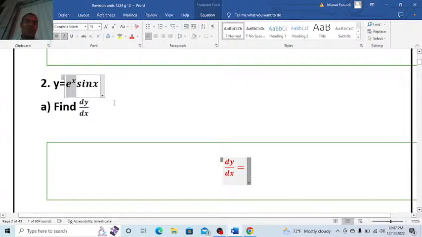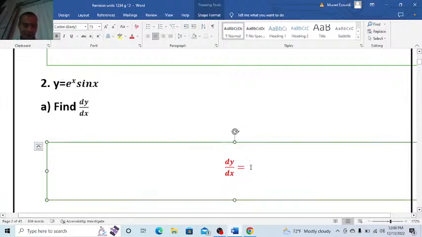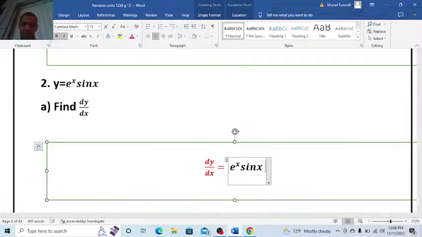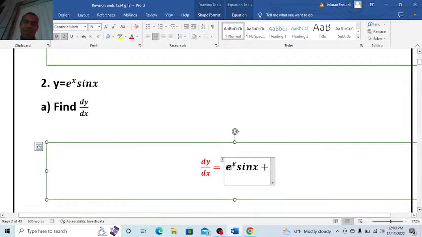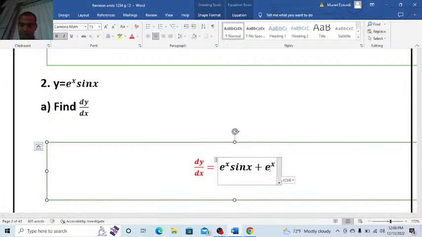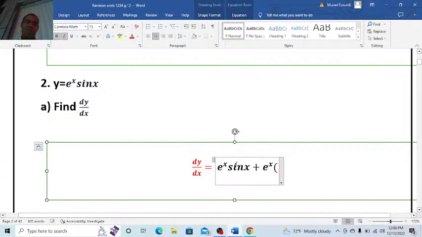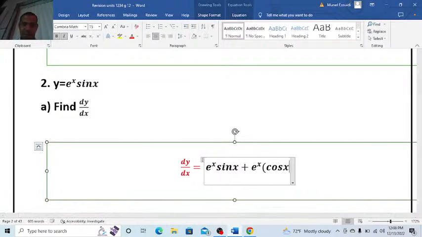Then I should differentiate sine. So the first derivative of exponential of x is in fact equal to exponential of x, not changed, multiplied by sine of x, plus I keep e to the x as it is, then differentiate sine. So exponential of x multiplied by what? The first derivative of sine, learners, is cosine of x.